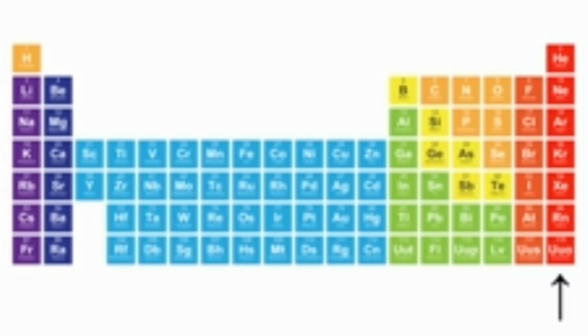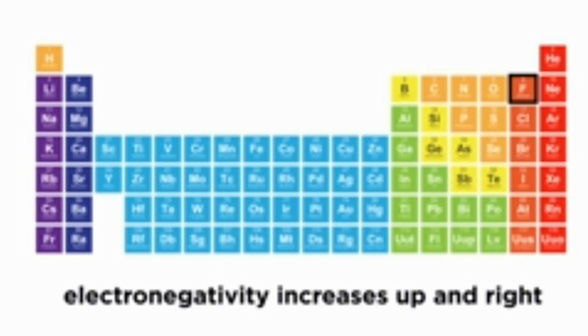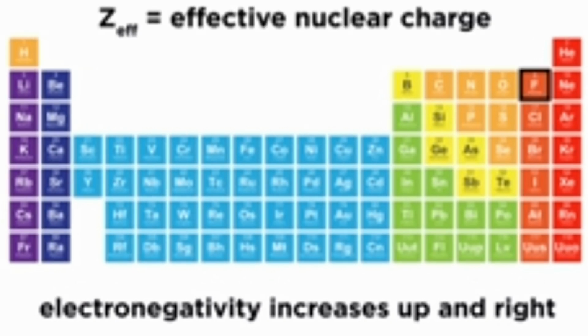Lastly, electronegativity. This is the ability of an atom to hold electrons tightly. It will increase this way because a smaller atom, like fluorine, with more protons for its energy level, or a higher effective nuclear charge, will hold electrons best.